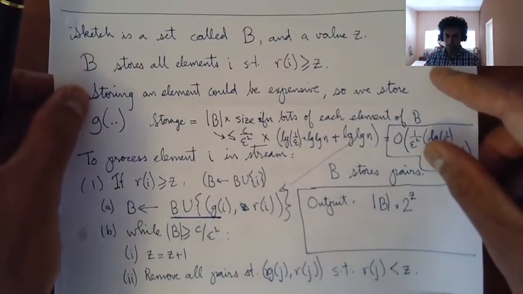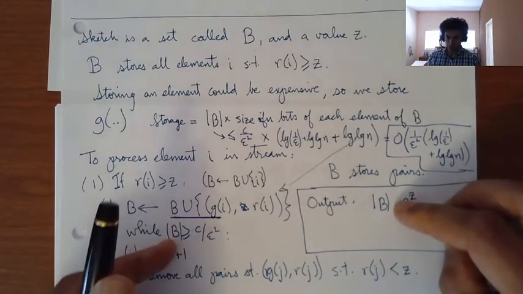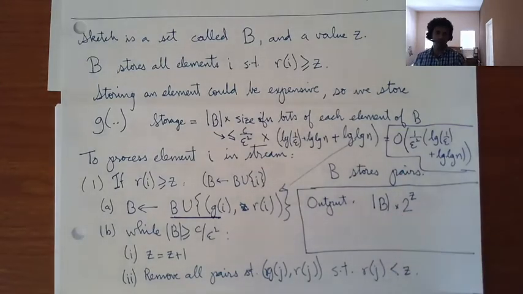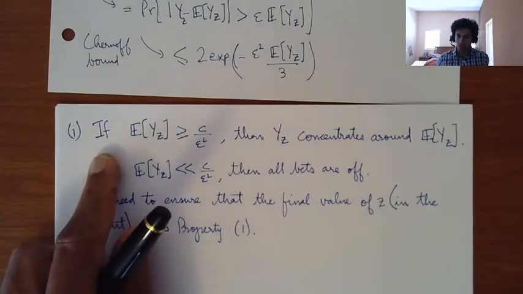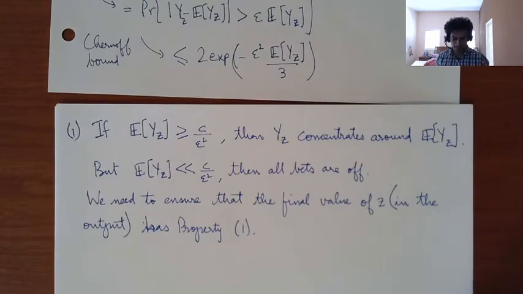Remember that the algorithm is going to initialize z to 0 and then keep updating z. When it outputs, it's going to have some value of z that it's storing. We need to ensure that that value of z has property 1. Okay, so is that clear?